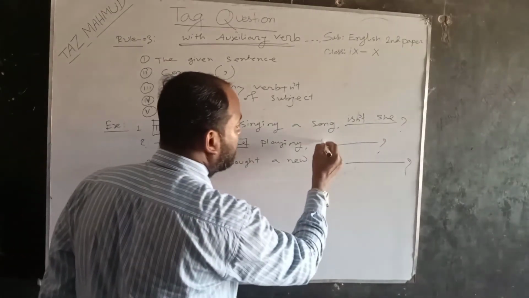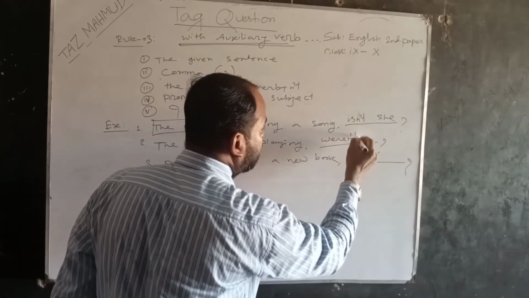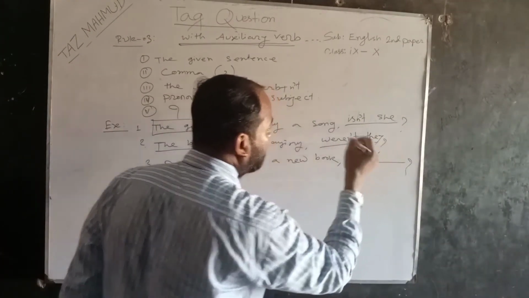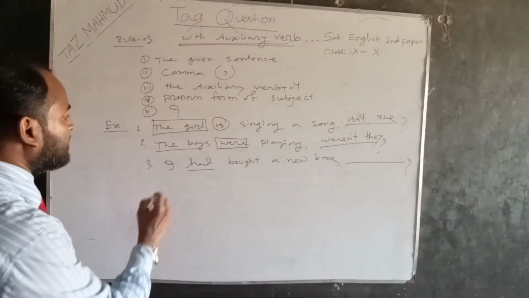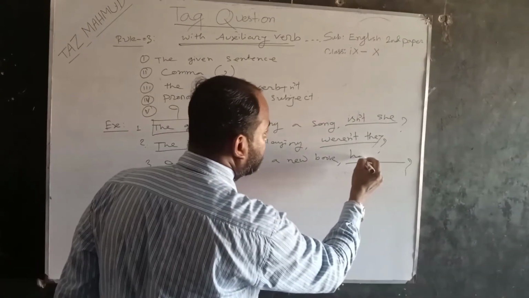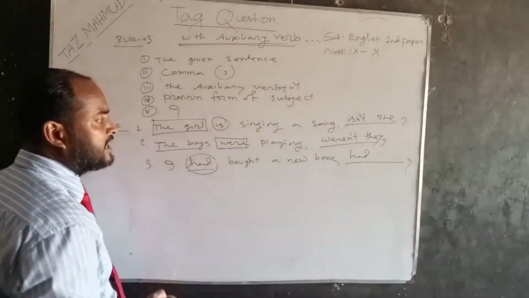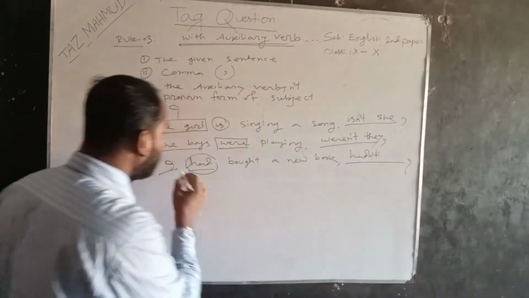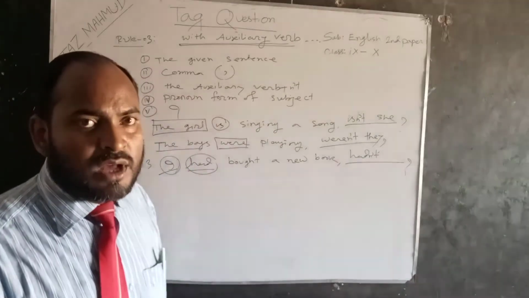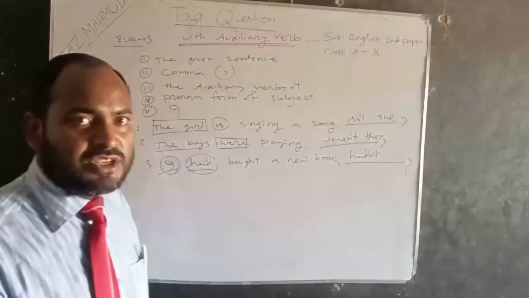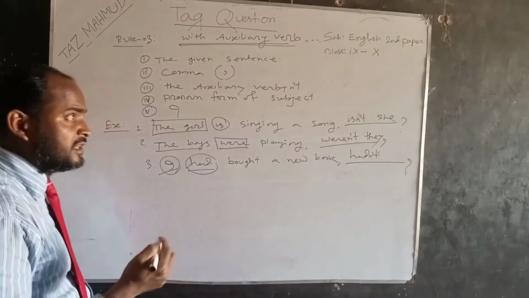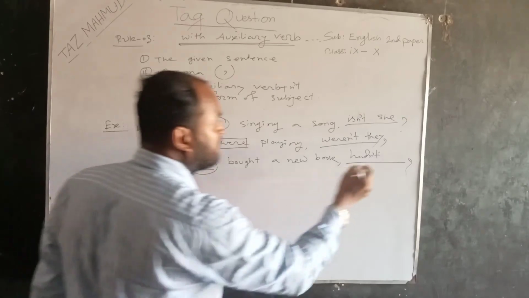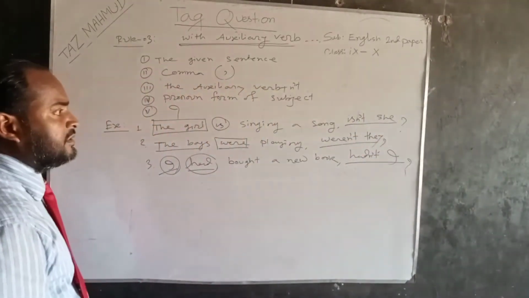We have found the auxiliary verb were, and then we write not, and the pronoun form of the subject. For plural we write they. I had. We have found the auxiliary verb had, then we write not, and I is also a pronoun form. You know, I, he, she, it, they are already pronoun forms. Then we write the pronoun form I.